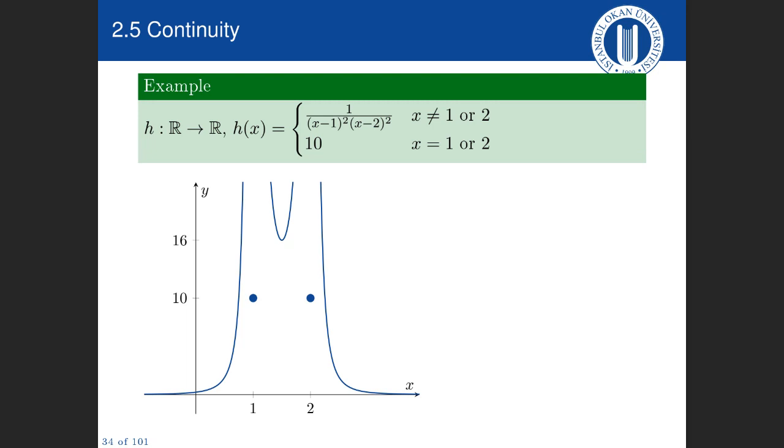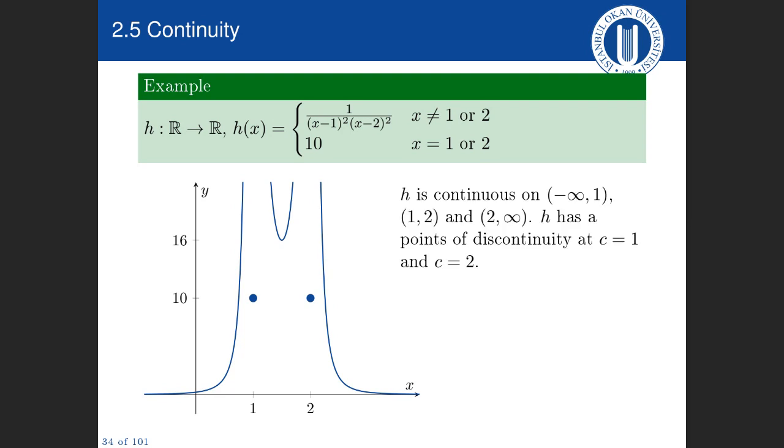Or this function: it is continuous between minus infinity and 1. It's continuous between 1 and 2, and it's continuous between 2 and infinity. This function has points of discontinuity at c equal to 1 and c equal to 2.